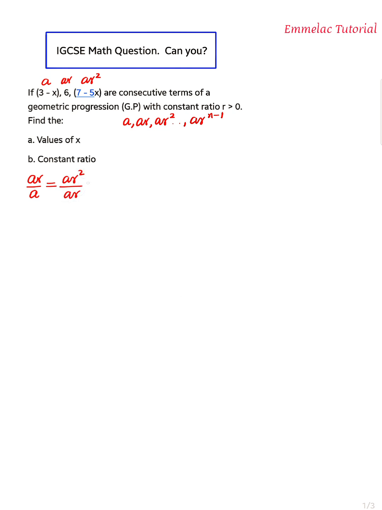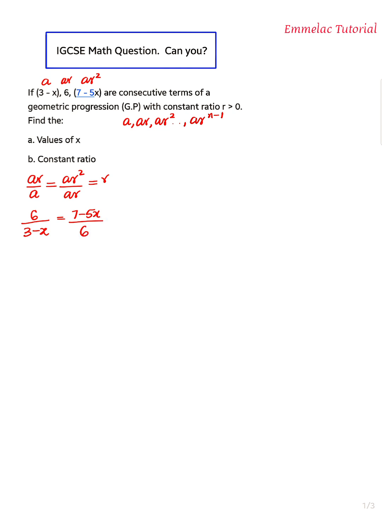Take note, this gives us the constant ratio. So what is ar? ar from the question is 6, all over the first term a, that is 3 minus x, which equals ar squared, which is 7 minus 5x, all over ar, the second term, that will be 6.